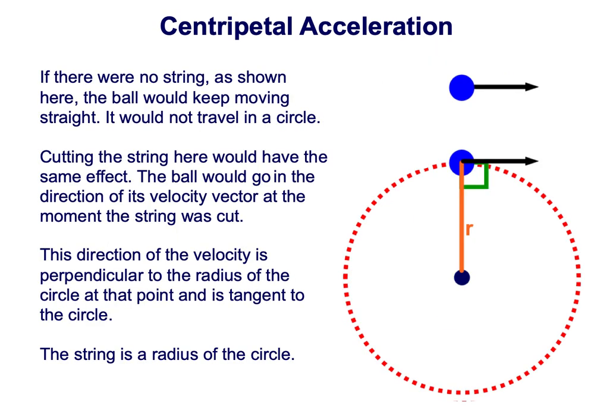Okay, so if you didn't have centripetal acceleration, you would fly off on a tangent. So if this is a ball on a string, if you cut the string, that ball will keep on going in a straight line off a tangent.